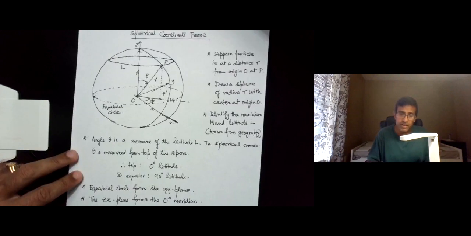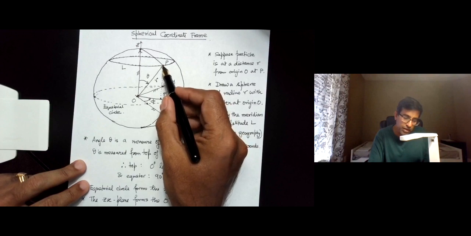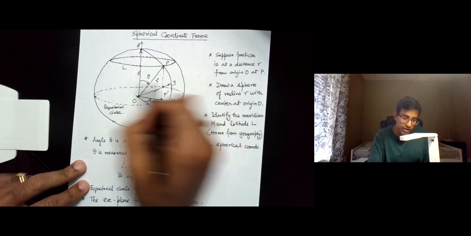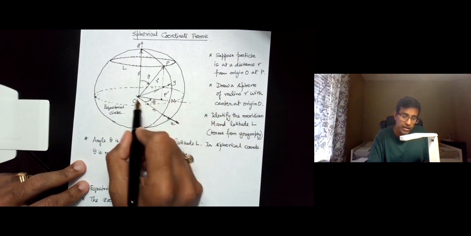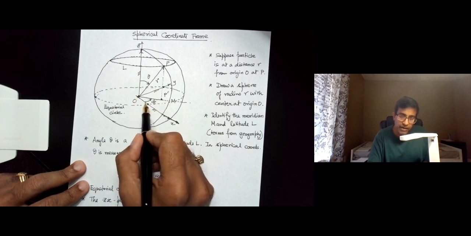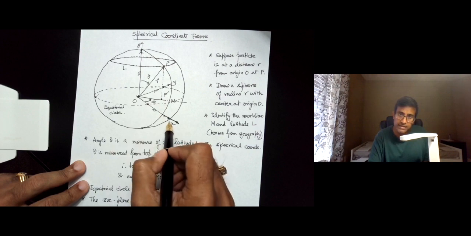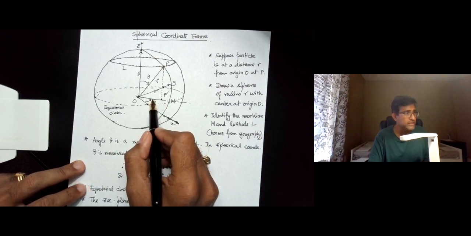Now we see over here that the angle phi is also found by just projecting the point P on the equatorial plane, on the xy plane, and then joining the points O and P prime and determining the angle that OP prime makes with respect to the x-axis, okay, in the counterclockwise direction from the positive x-axis.